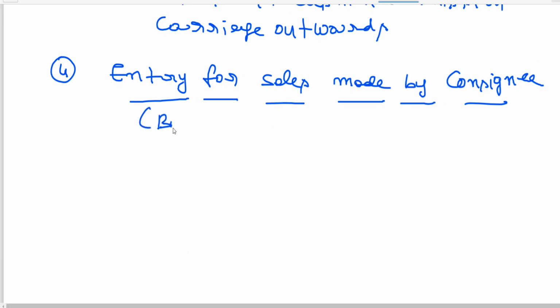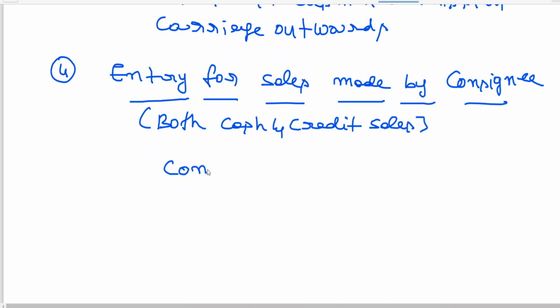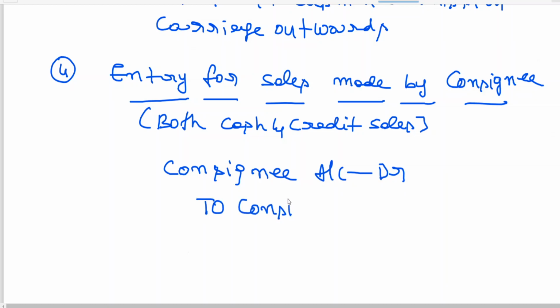That is both cash and credit sales. For both cash and credit sales, the entry is consignee account debtor to consignment account. We debit which account? Consignee. That's it.